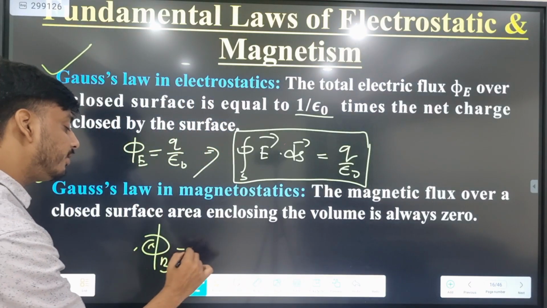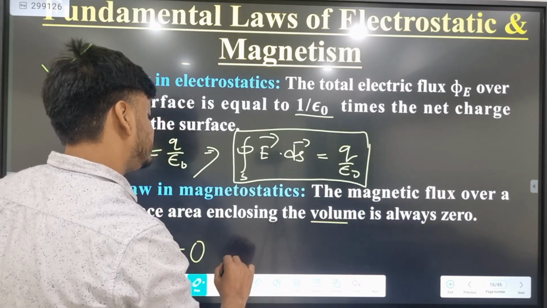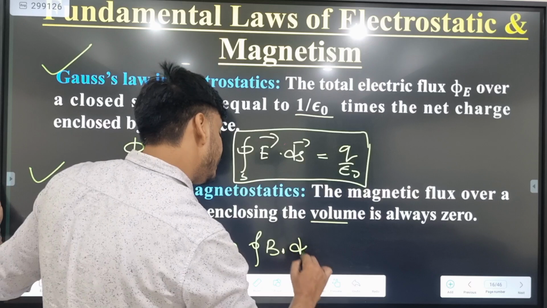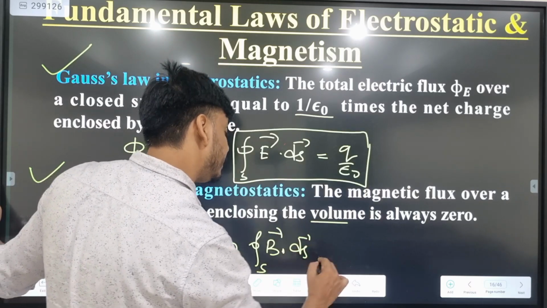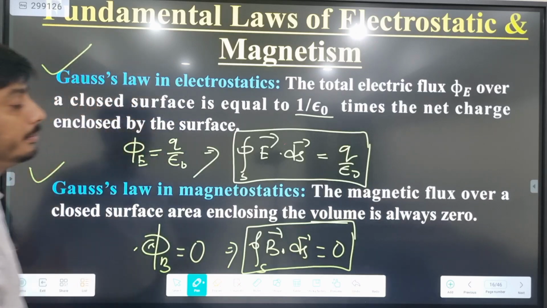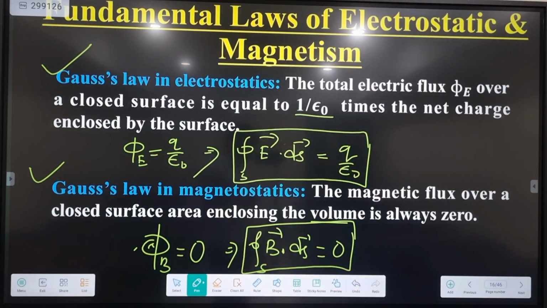So magnetic flux over any closed surface enclosing a volume is always zero. That means you can write the integral of B dot ds over S is zero. This is the second law. One is Gauss law in electrostatics, another is Gauss law in magnetism.